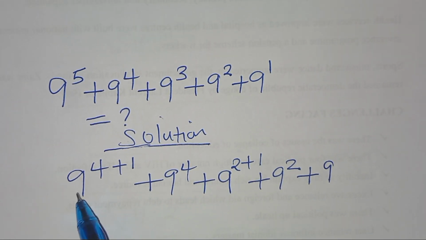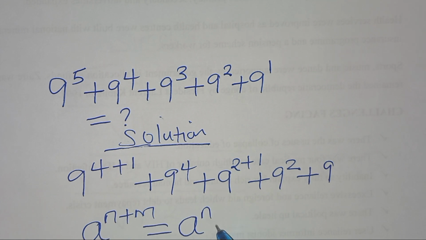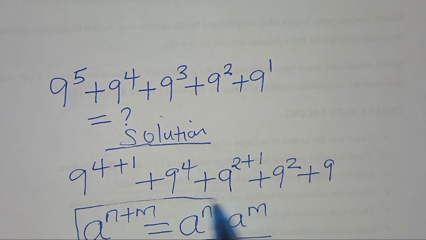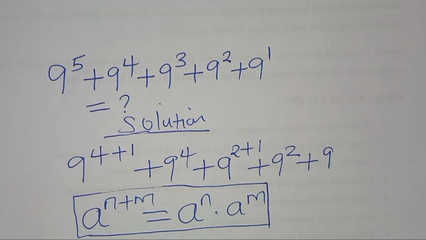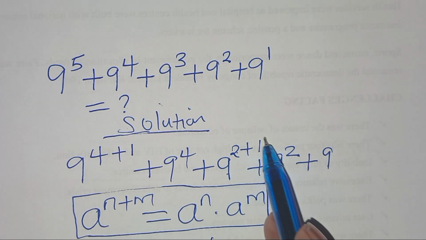The next step here, 9 to power 4 plus 1 is in the form of a to power n plus m, which you can express as a to power n multiplied by a to power m. So applying this exponent property, we'll have here 9 to power 4 times 9 to power 1 plus 9 to power 4, then plus, now we have 9 to power 2 plus 1.